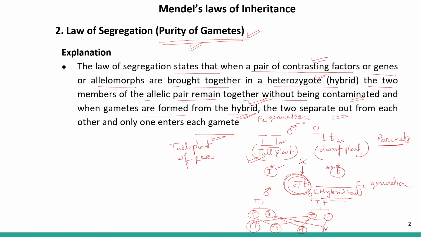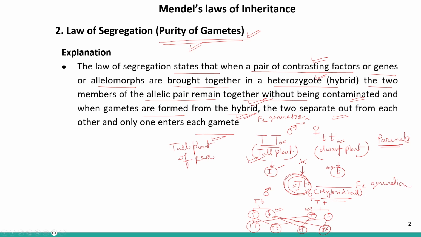So here we can see that in the F1 generation, the two alleles or allelomorphs, that is the capital T and small t, are together, right? But at the time of gamete formation, both the alleles are segregated, right?